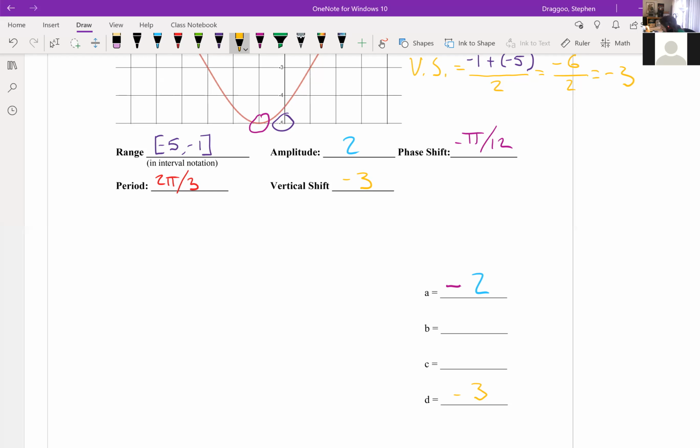Also, I need to get B and C next. B, I think I usually do in red. So B is going to be 2 pi over the period, which is 2 pi over 2 pi over 3. And that's 3.